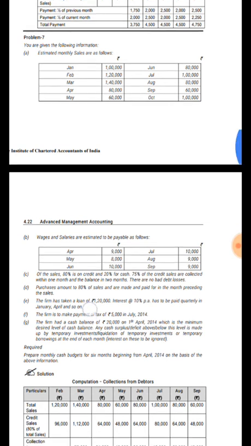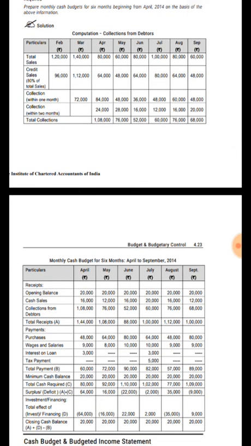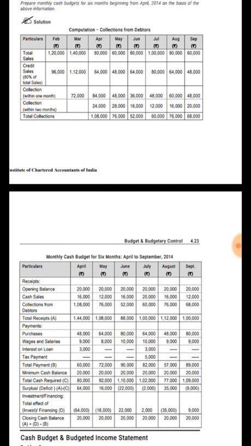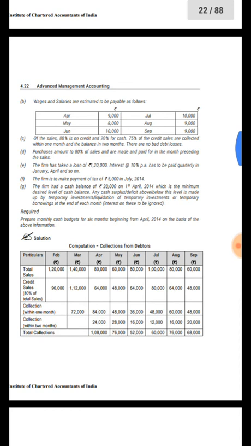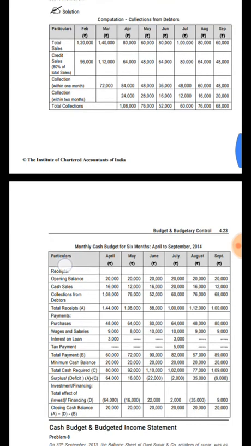So 80,000 into 20%, 16,000. Like that for everything we'll take. Opening balance 20,000 is taken. Collection from debtors we'll take from this working note. Anything else that is receivable, nothing is there.